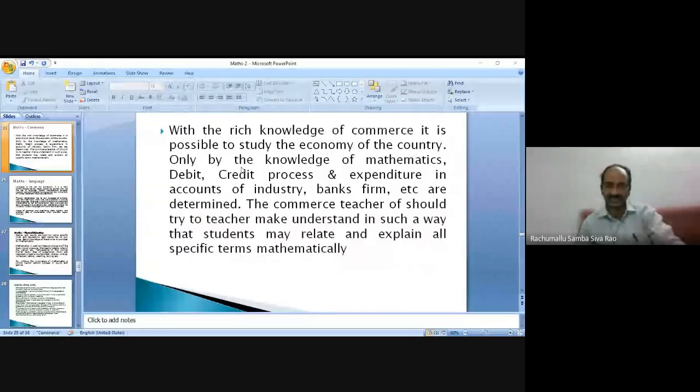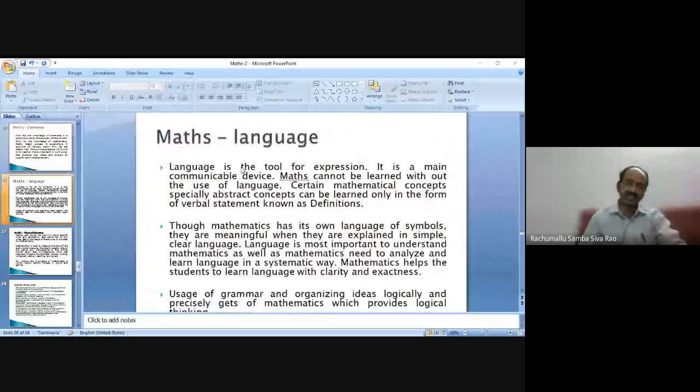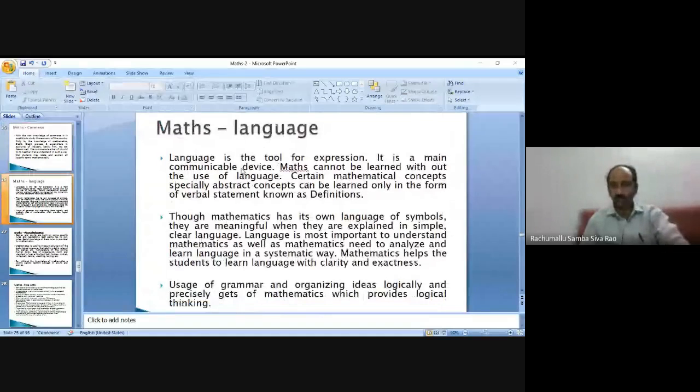Coming to the correlation between mathematics and languages. As we discussed earlier in the introduction classes, there should definitely be knowledge of language and fundamental mathematics to lead a successful life in society.